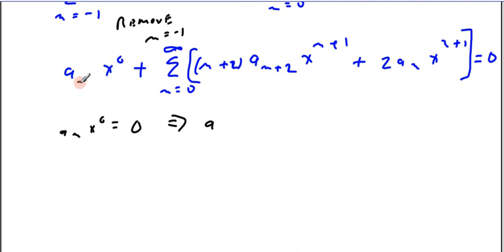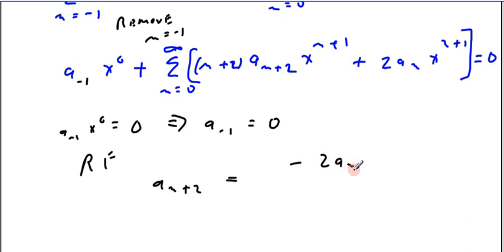A minus 1 has to be 0. Okay, and then I look at what's inside the brackets and I get a recurrence formula, and it says a n plus 2 is equal to minus 2a n divided by n plus 2.